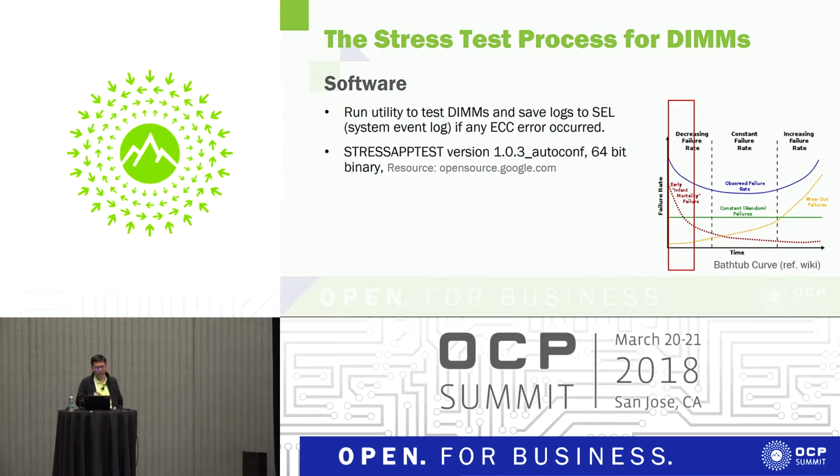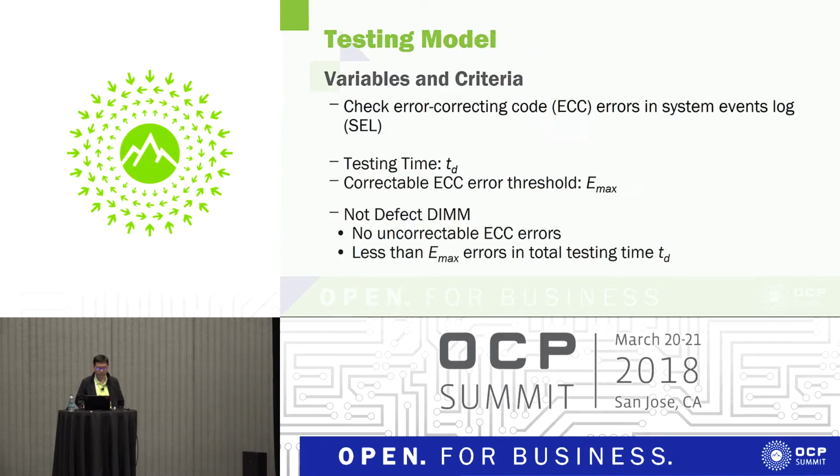We use a utility from Google, the stressapptest version 1.0.3. It's open source, and we use it to test the DRAM. In our testing model, finally, we check whether any ECC error occurred to identify whether the DRAM module is good.